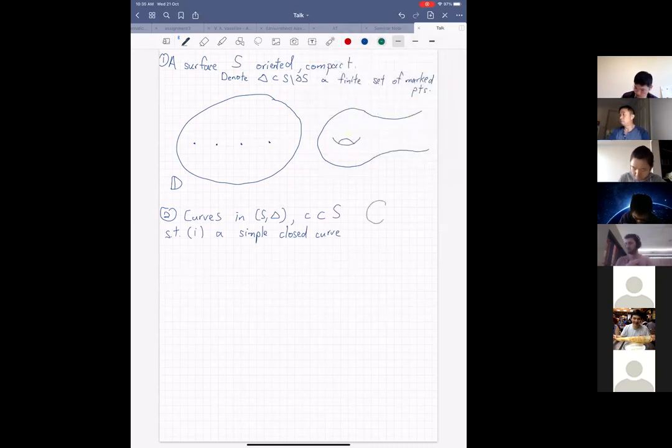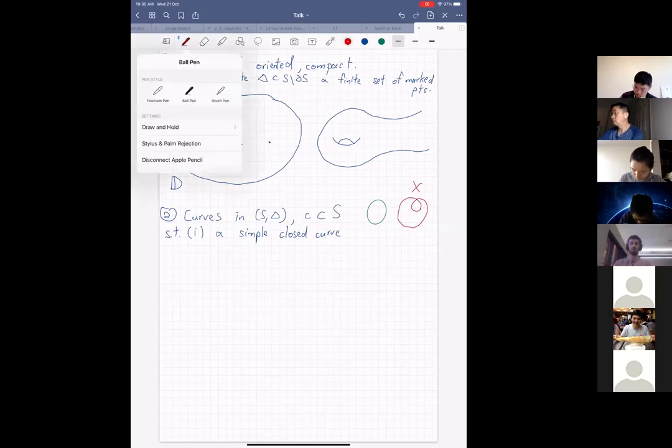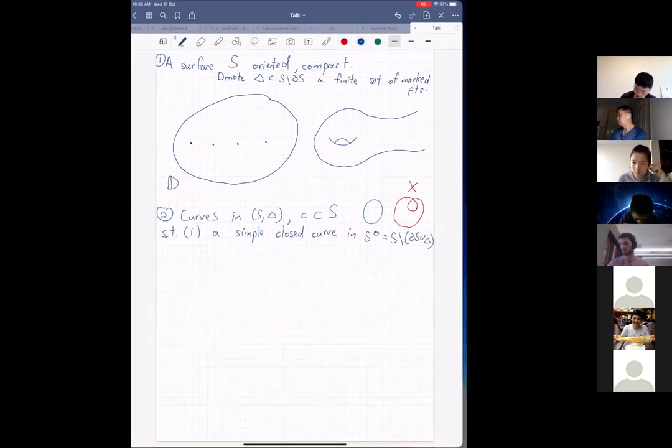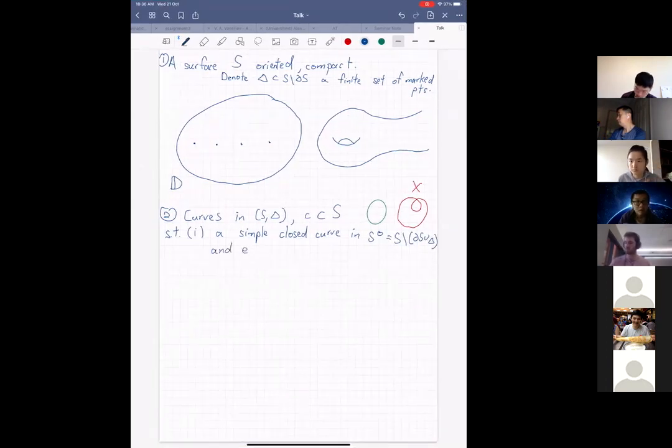Simple is like you close yourself, and simple means you don't want something like this one, don't intersect itself. And these points should be in your interior, so it's in S naught. So you take out your boundary and your punctures, and essential. Essential means not contractible.